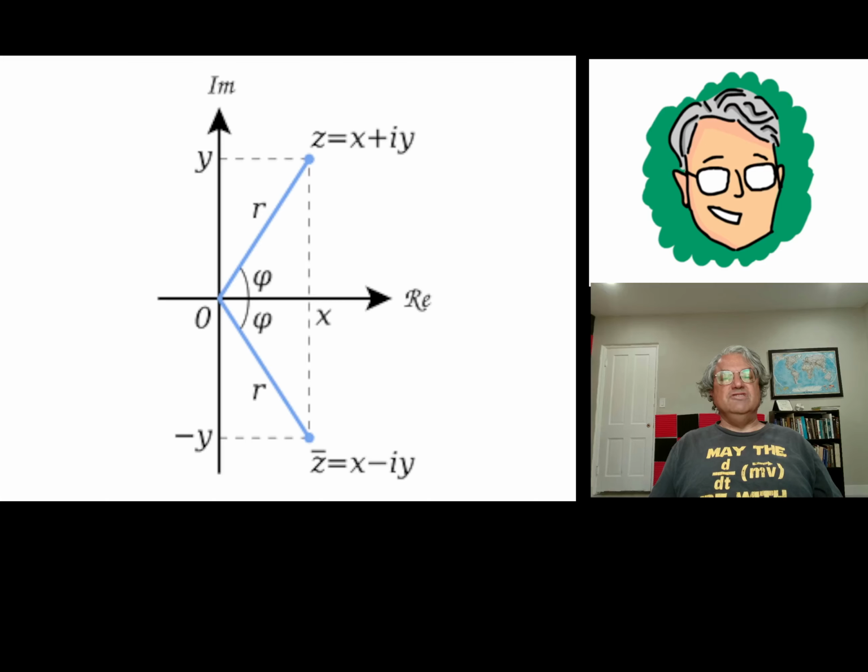If you think of a complex number as a vector in the xy plane, represented as an arrow, then its complex conjugate is just the vector that's reflected about the x-axis from the vector you started with. z bar equals x minus iy. That's the geometric interpretation of the complex conjugate.